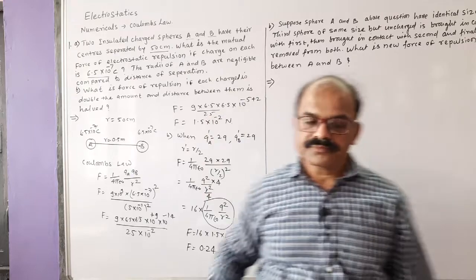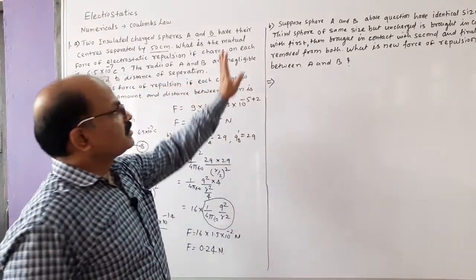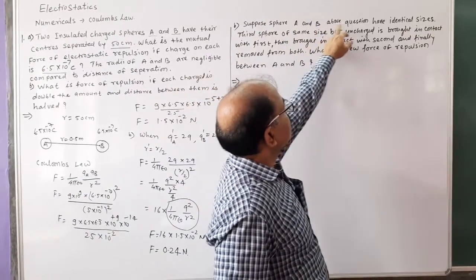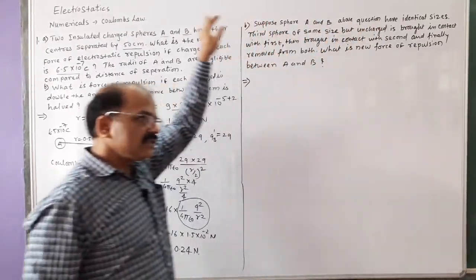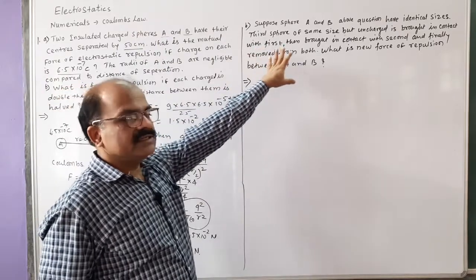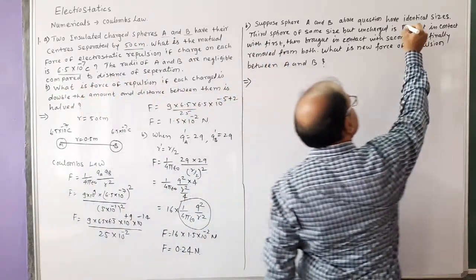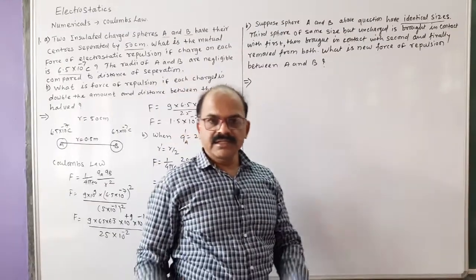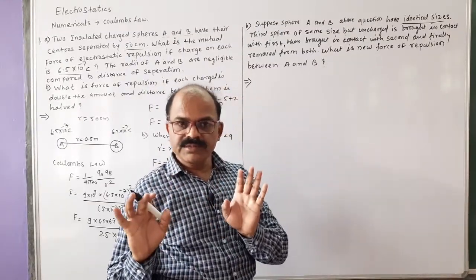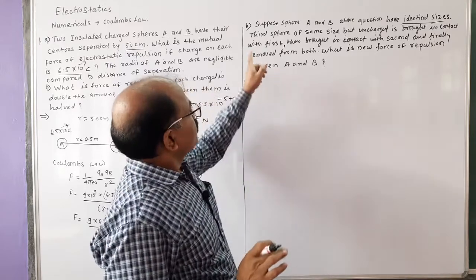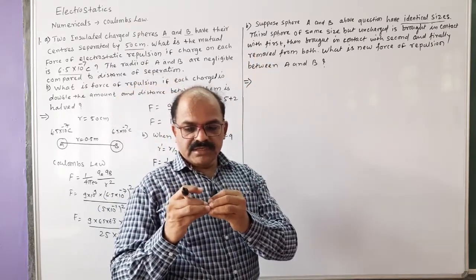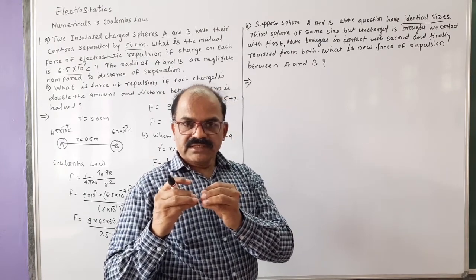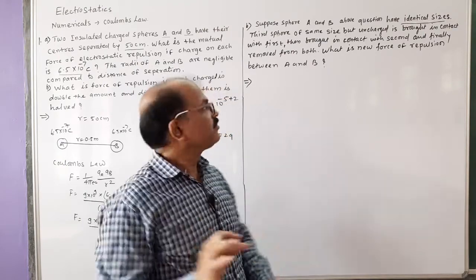Same question is asked again in another way. Suppose these two pairs A and B in the above equation have identical size. Identical का मतलब क्या होता है? Identical means if pairs are identical, they accumulate the equal amount of charge, or when they touch each other, the sharing of the charge is equal.